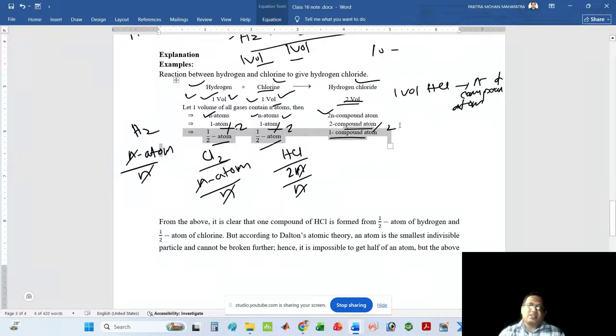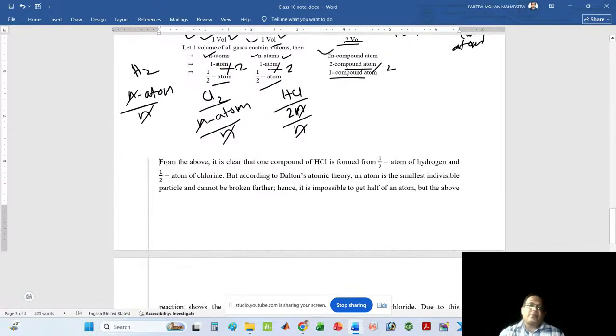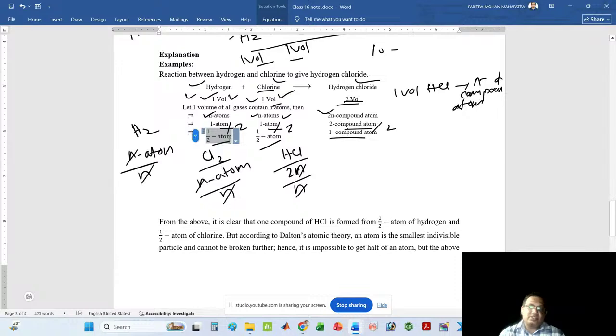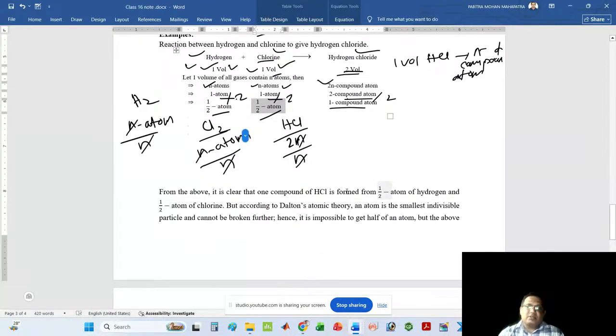So from the above example, it is clear that one compound atom of HCl is formed from half an atom of hydrogen and half an atom of chlorine.